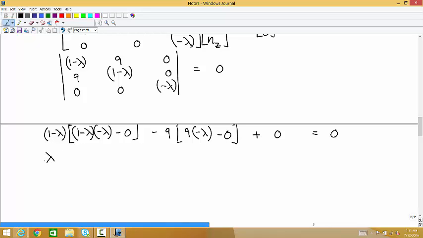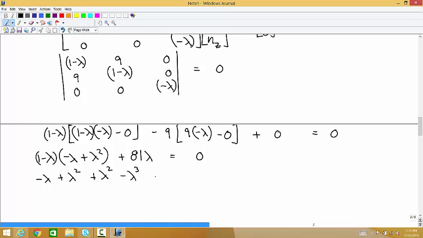So the quantity 1 minus lambda times the quantity negative lambda plus lambda squared, minus 81, this is plus 81 lambda, is equal to 0. So that's minus lambda plus lambda squared plus lambda squared minus lambda cubed plus 81 lambda equals 0.